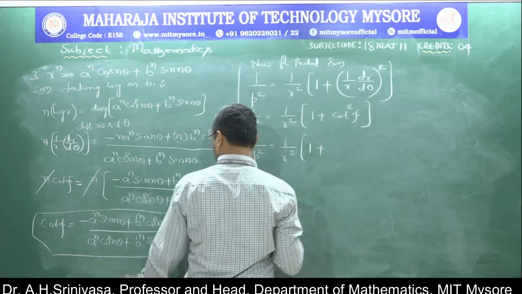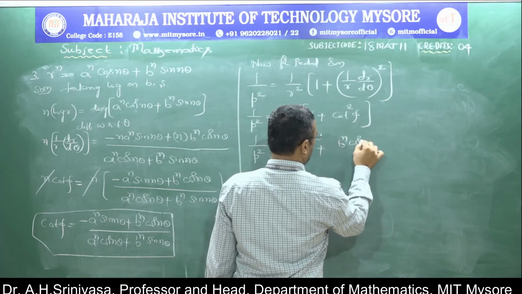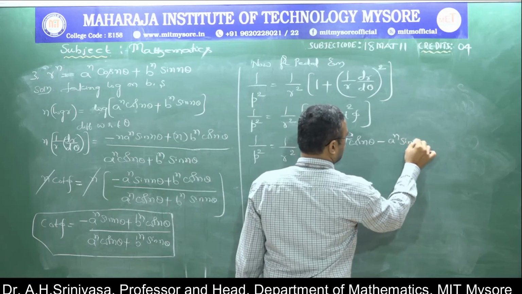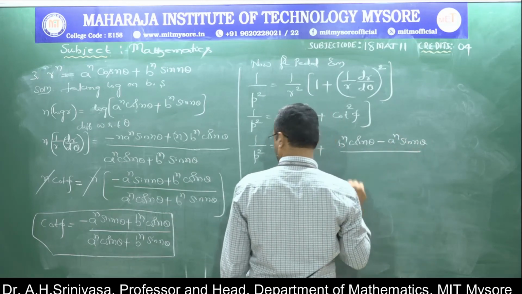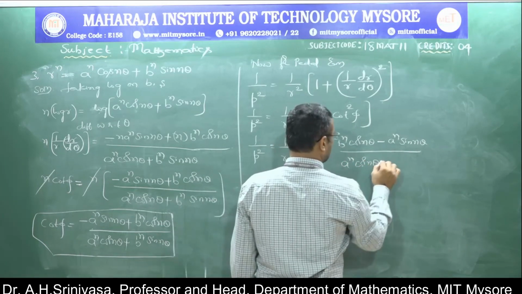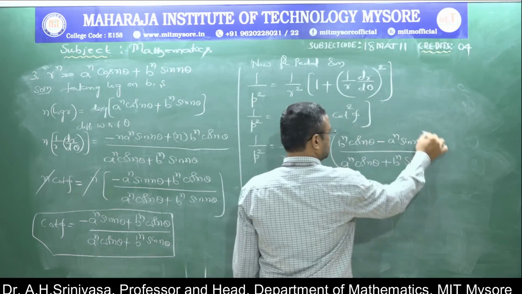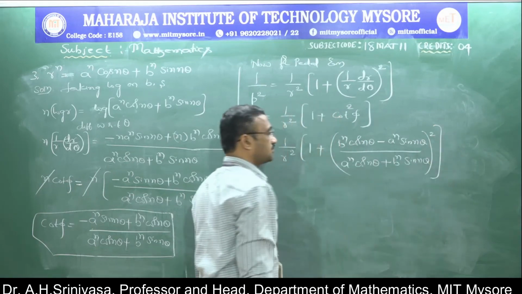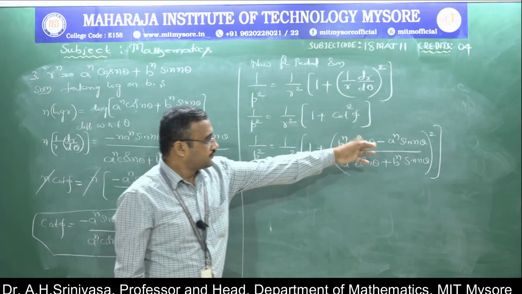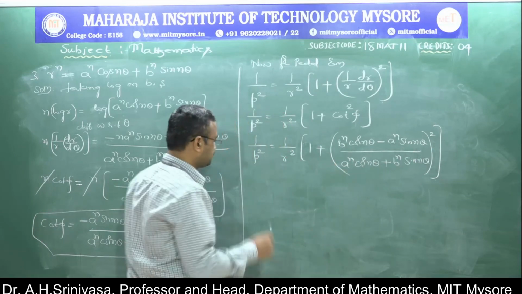So instead of this, you put this one: b power n cos n theta minus a power n sin n theta, then whole divided by a power n cos n theta plus b power n sin n theta. We make a whole square of this. Now apply the power to these two functions, then take an LCM and make a simplification.